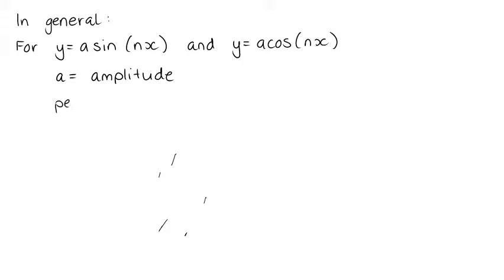The period is 2 pi divided by whatever that n value is. The range is between negative a and a.